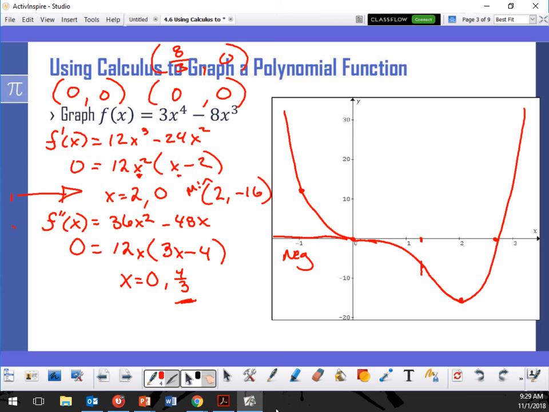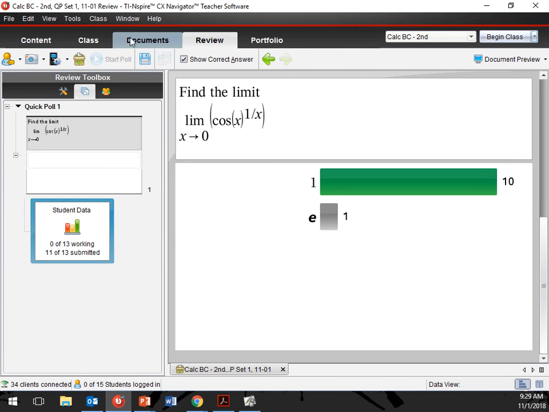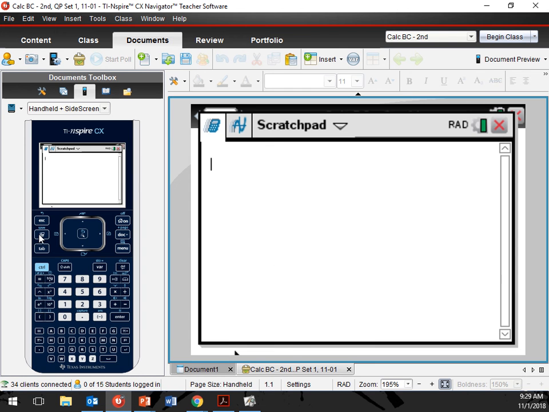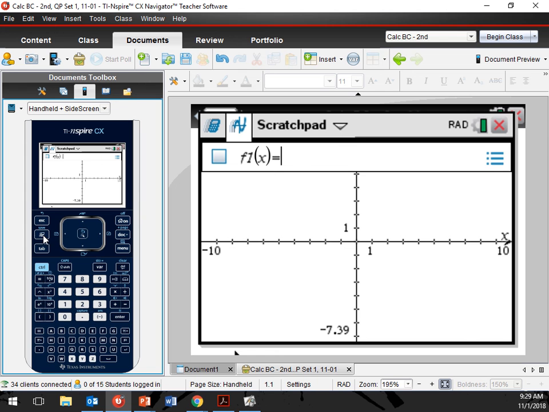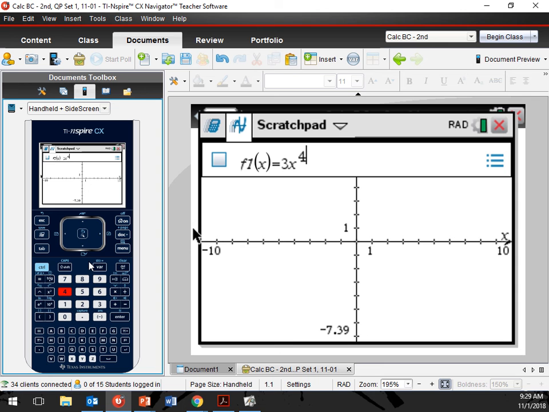I'll graph it. Let's see. Okay, so my function was 3x to the 4th minus 8x to the 3rd.